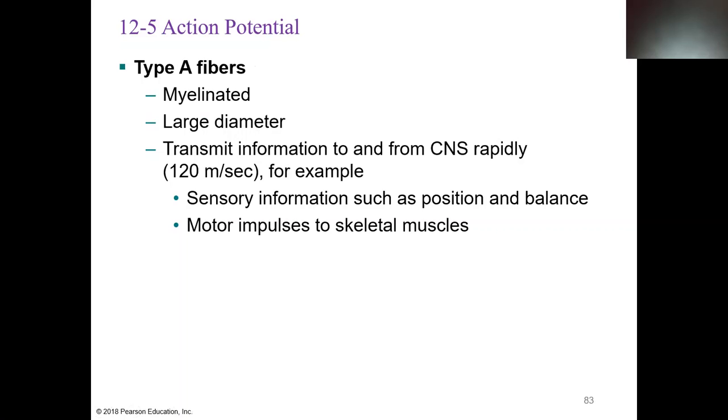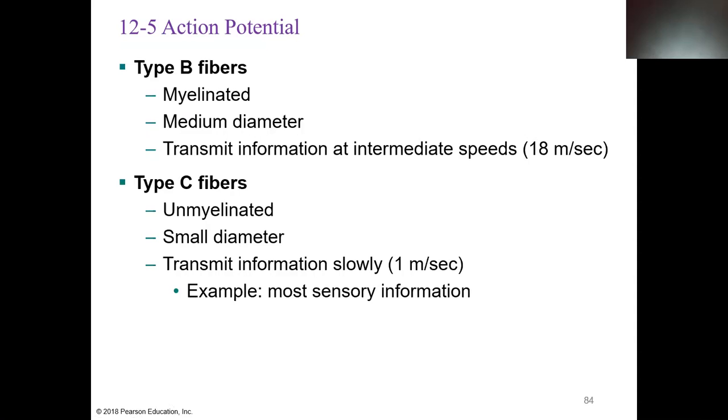So very important things that possibly threaten your life are going to have to run through type A fibers so that information can be transmitted rapidly. Type B is myelinated, but it's only a medium diameter, which means it only goes 18 meters per second, which is significantly different.